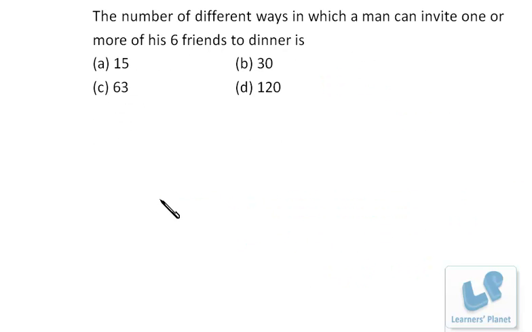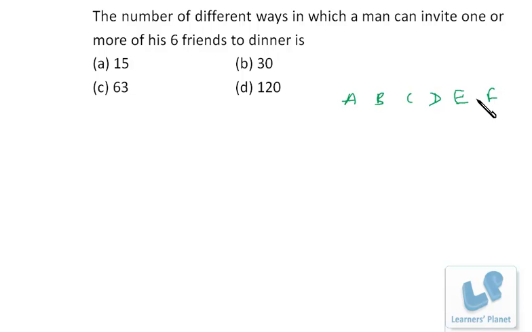Now, the number of different ways in which a man can invite one or more of his 6 friends to a dinner, right? That means he can invite 1 person or 2 persons or 3 persons or 4 or 5 or all the 6 persons, right? So suppose the 6 persons are A, B, C, D, E and F, right?